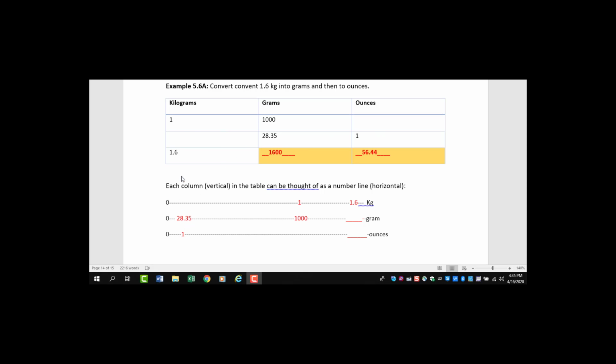We don't have this number, so we're not putting it in. And then here, 1 kilogram is 1,000 grams. They line up vertically. And over here, we have all three of them. 1.6 kilograms is the same as 1,600 grams, which is the same as 56.44 ounces. So they line up vertically.